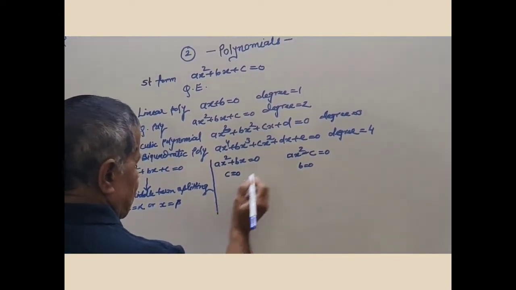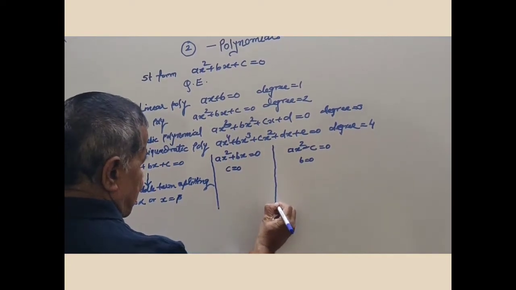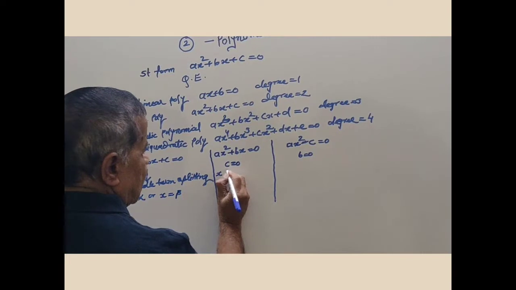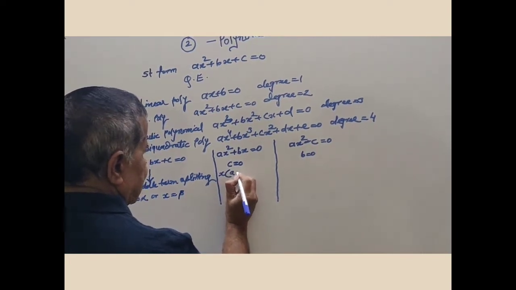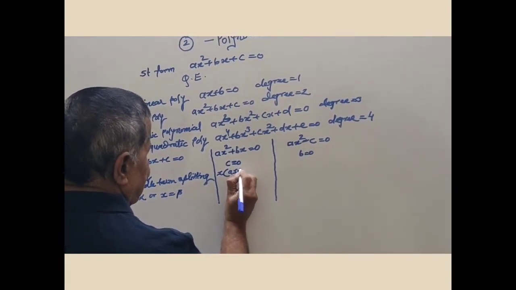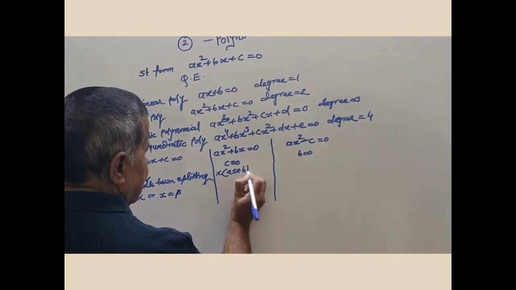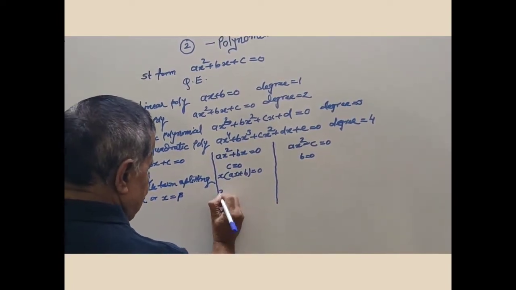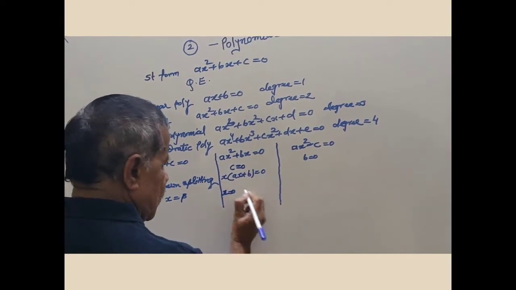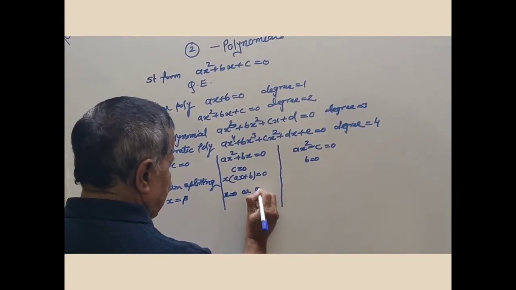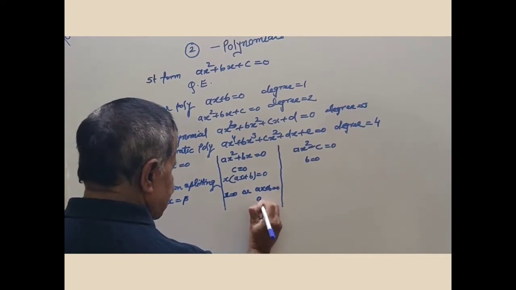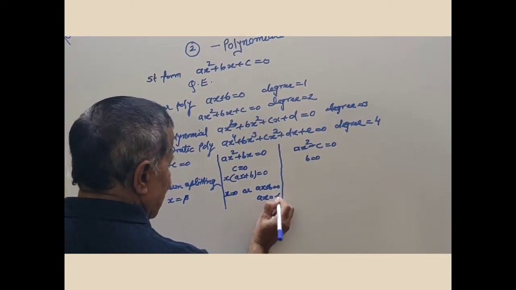In this type of quadratic equation, you have to take out the common from the given equation. x taken out common, what will remain here? ax plus b is equal to 0. Now I will solve this, so I will get x is equal to 0 or ax plus b is equal to 0, means ax is equal to minus b.